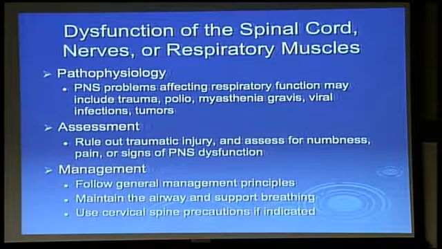There are also peripheral nervous system problems that can make it difficult to develop the adequate negative pressure. The chief among these is, this occasionally will happen with multiple sclerosis. Patients with myasthenia gravis can just develop this weakness where they're not able to get an adequate breath.